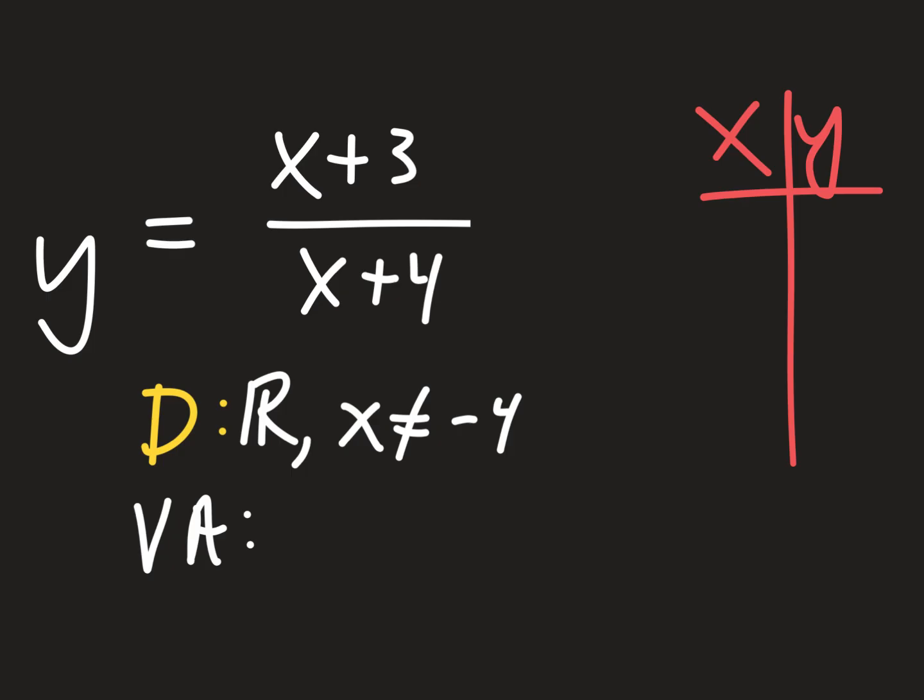And then I would teach you how to figure out the horizontal asymptotes. The vertical asymptote on this thing is x equals -4. All right. Now, this one has an asymptote that's horizontal.